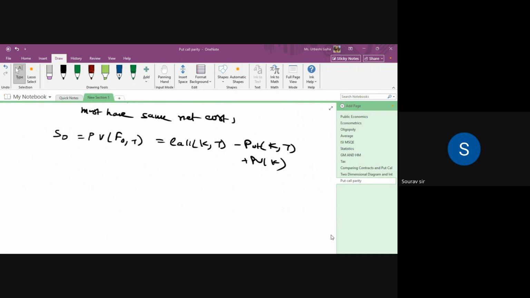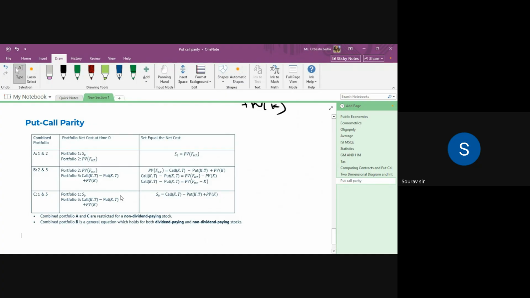Next chart, we are again having put-call parity. So there is outright purchase, long forward and synthetic forward. Portfolio A is 1 and 2. Here it is S0 and here it is PV of F0.